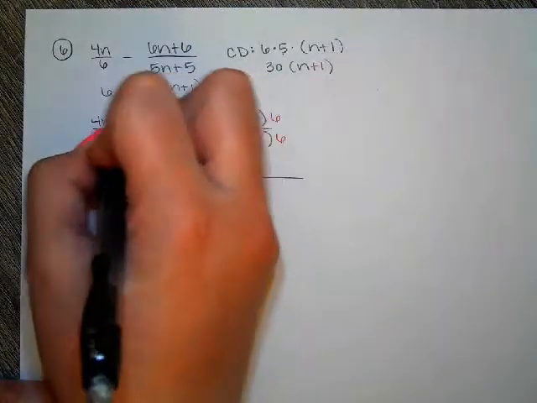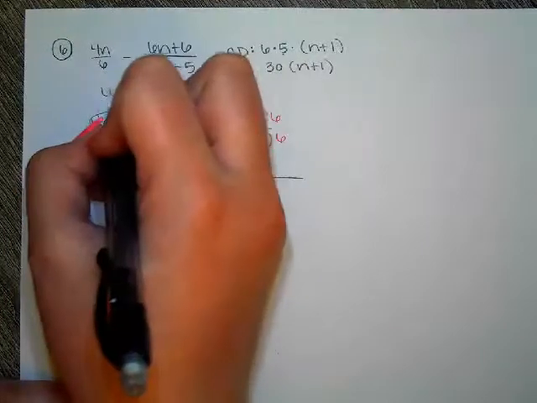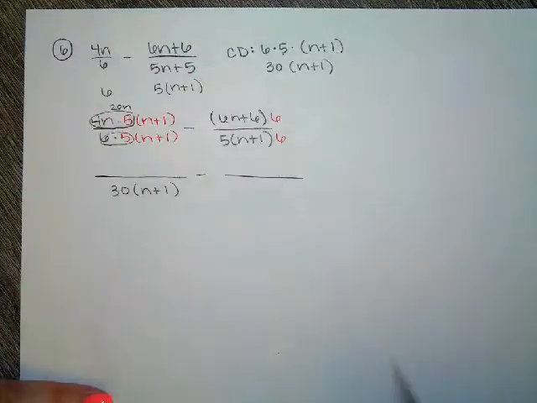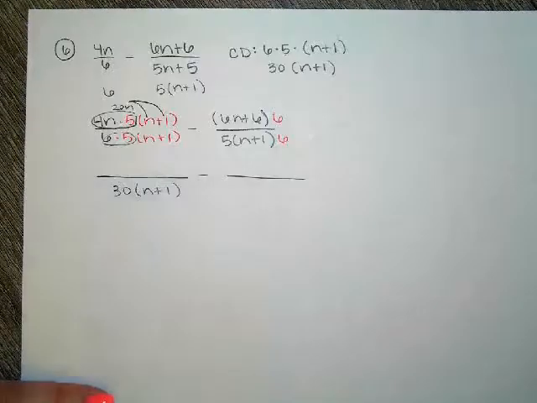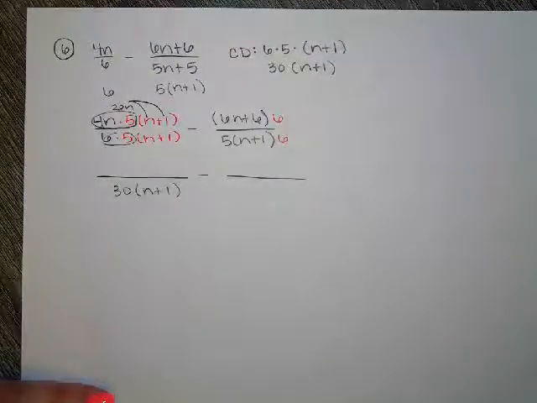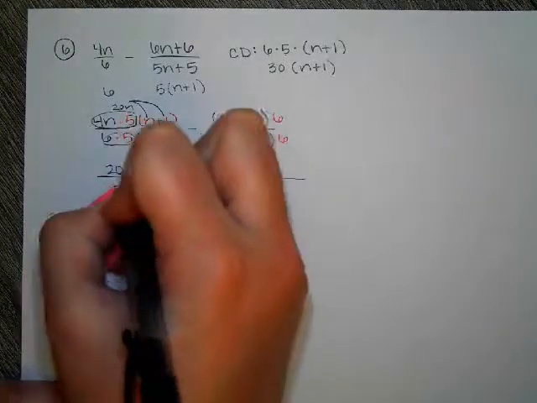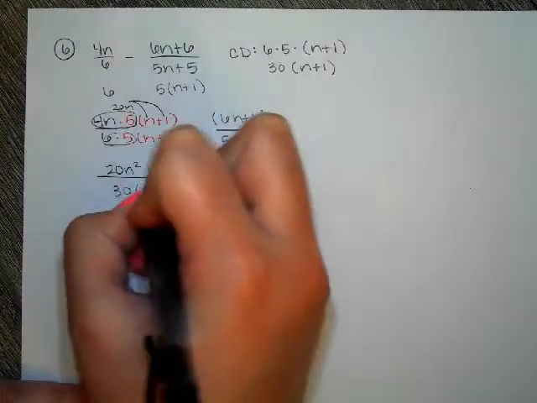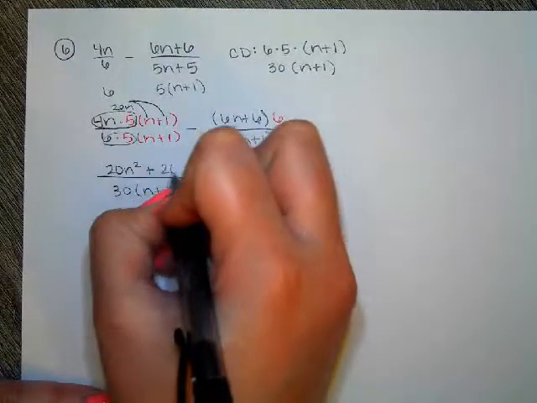On the top, I have 4n times 5, which is 20n. That 20n is being distributed inside the parentheses. So I've got 20n multiplied by n, which is 20n squared, and 20n multiplied by 1, which is 20n.